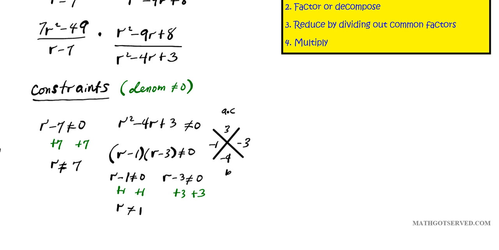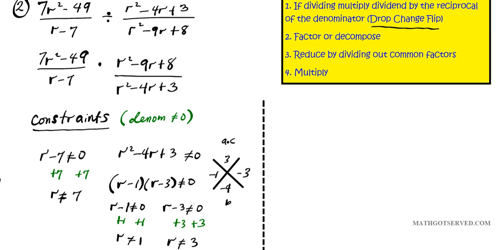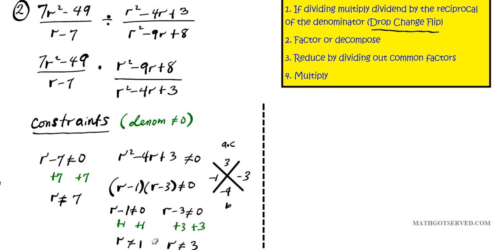And that tells you that r cannot be equal to positive 3 also. So these three values, 1, 3, and 7, are constraints on the domain of the original problem. If the original function attains any of these values, our result will be undefined. So we have to exclude those values from the domain of our problem.